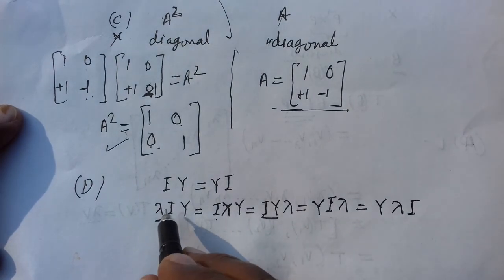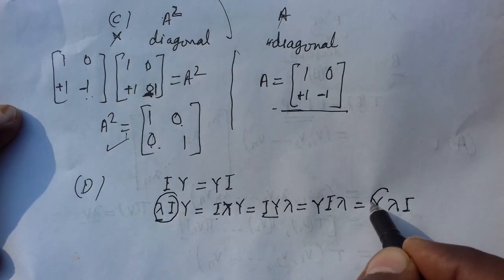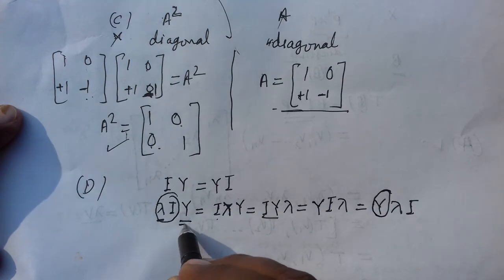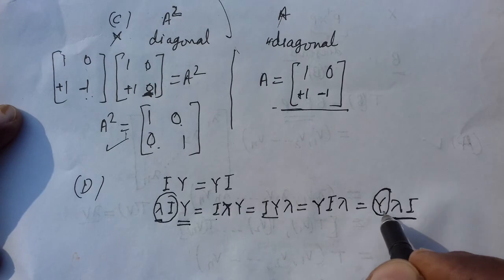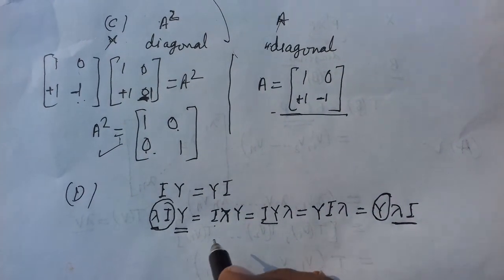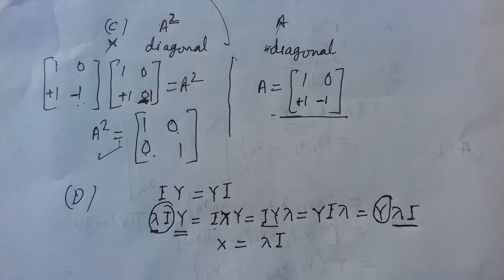So you see that this matrix commutes with any matrix, so X will be lambda into I.